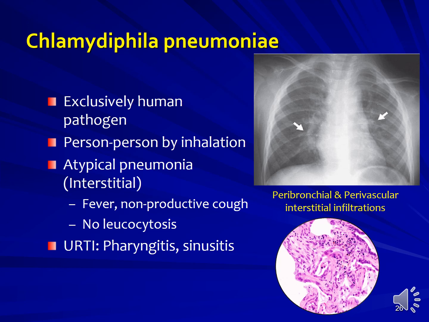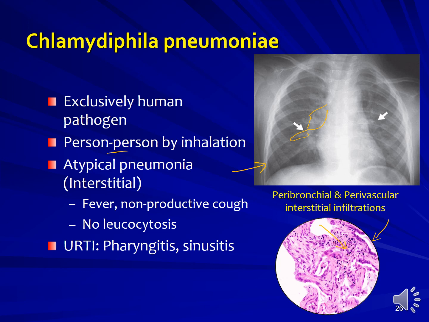Chlamydophila pneumoniae is an exclusively human pathogen where person-to-person transmission is possible by inhalation, and atypical pneumonia is the main presentation. Here on chest X-ray you can see peribronchial and perivascular infiltrations, and a biopsy of the area will show interstitial infiltrations.